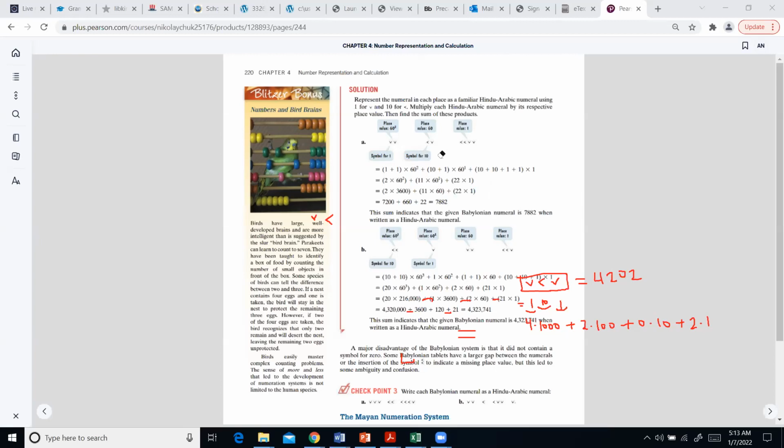They put here this bunch of check marks and other little symbols. So here's the little number for the 60 squared, then for the first power of 60, and then for ones.